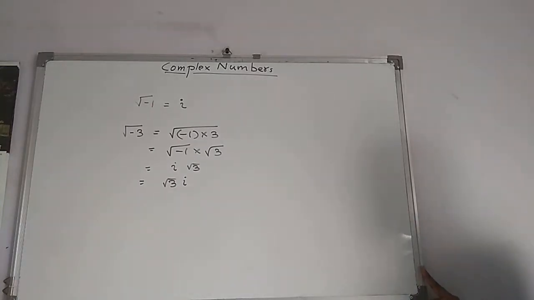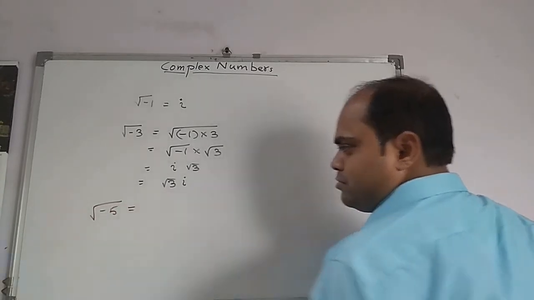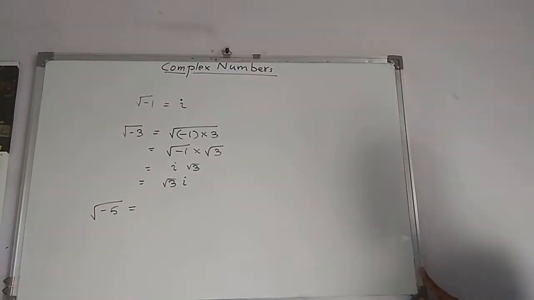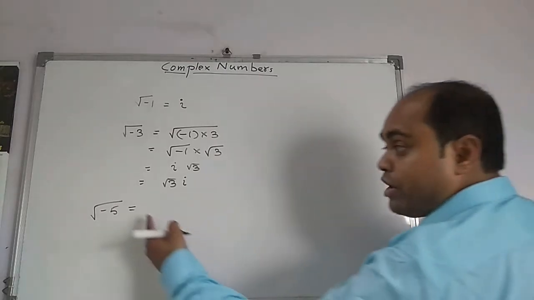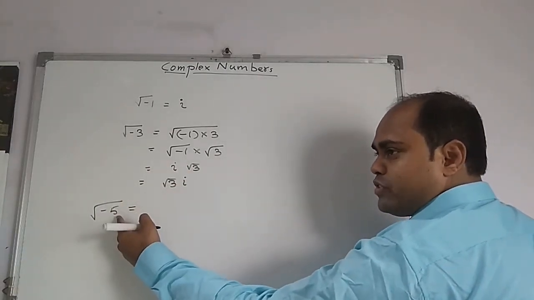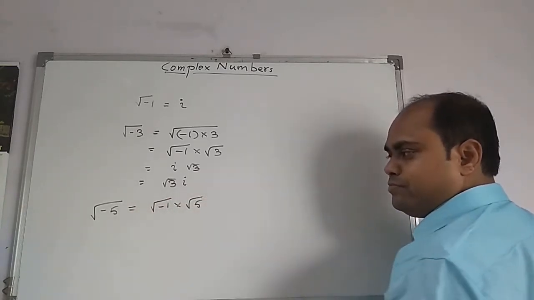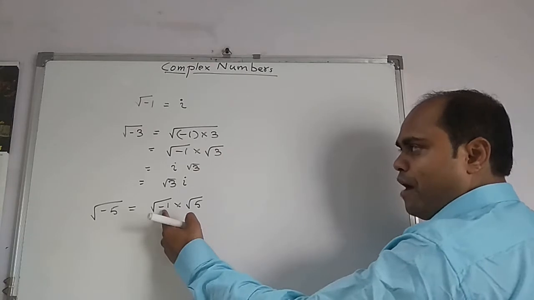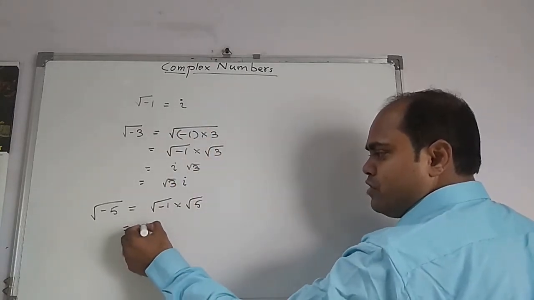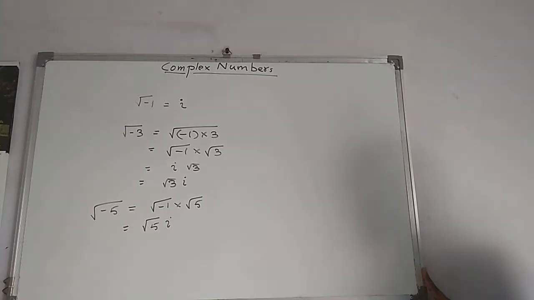Okay. Suppose we have square root of minus 5. Then how can we write it in terms of iota? We will split square root of minus 5 as square root of minus 1 multiplied by square root of 5, and square root of minus 1 is iota, so we have square root of 5 iota, right?